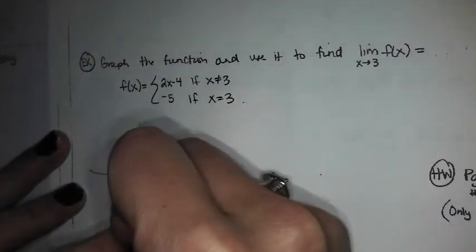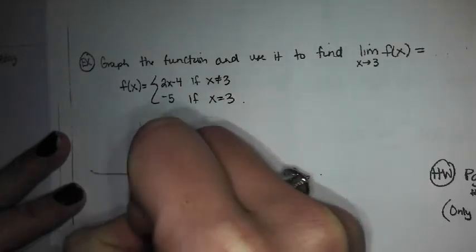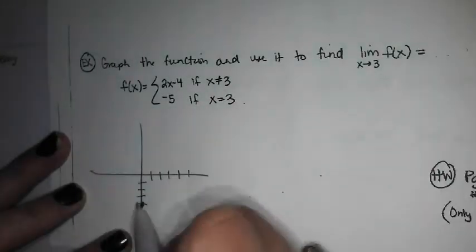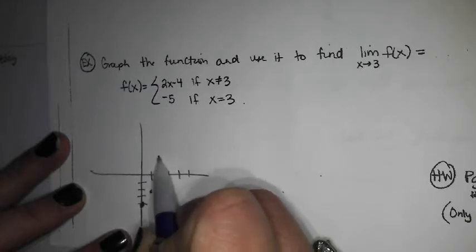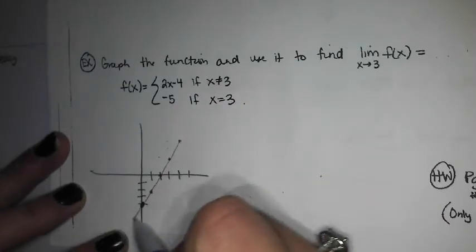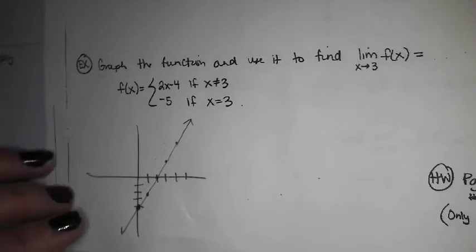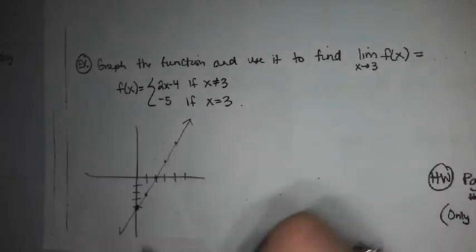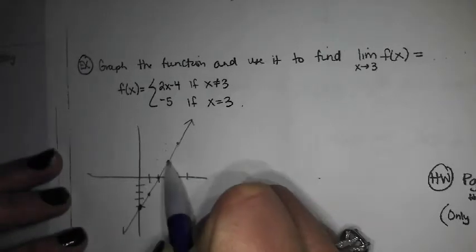So 2x minus 4 would have a y-intercept of -4 and a slope of 2. So you'd go up 2 over 1, up 2 over 1, up 2 over 1, up 2 over 1. And if it wasn't a piecewise function, that would be your graph. But this linear function does not apply at the point where x is 3, which is right here.